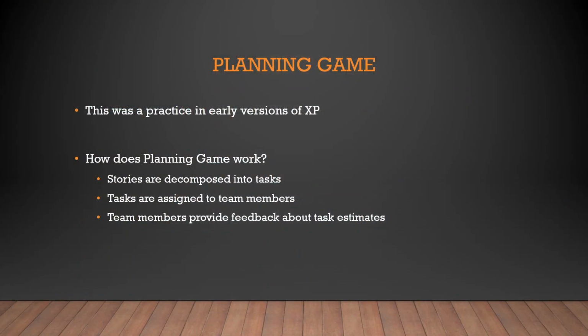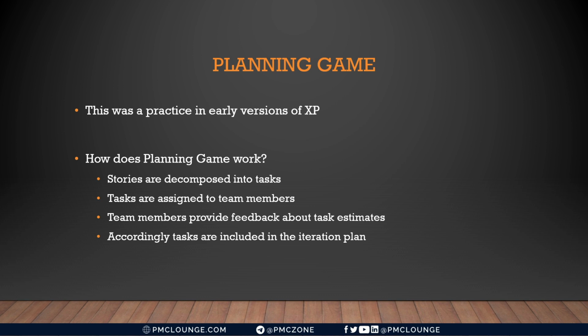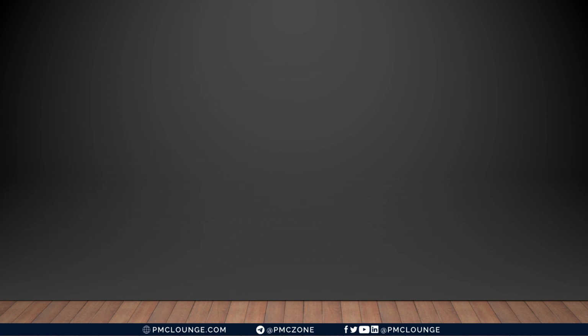Now, based on their feedback, the tasks are included in the iteration plan, because extreme programming has an iteration plan too, right? So based on whatever feedback the team members have, the tasks are included in the iteration. So this is how the planning game works.